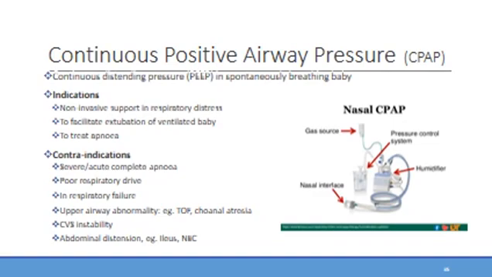And then be cautious with tracheoesophageal fistula, as the increased pressure will transmit to the stomach and cause gastric distension. In babies that are very unstable and shocked, it might not be the best choice. And then remember to avoid CPAP in babies with abdominal distension, such as ileus and especially necrotizing enterocolitis, as you may increase the risk of bowel perforation.